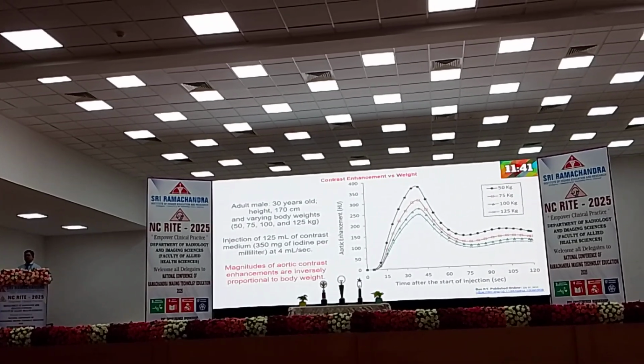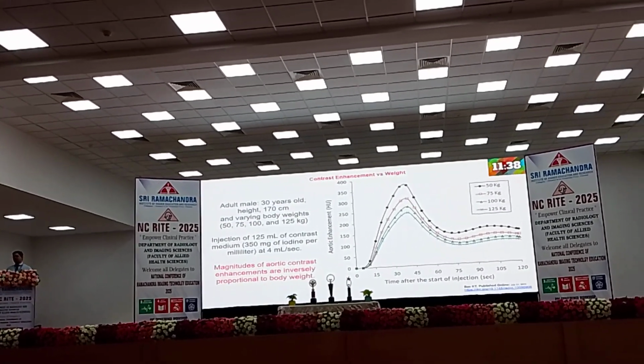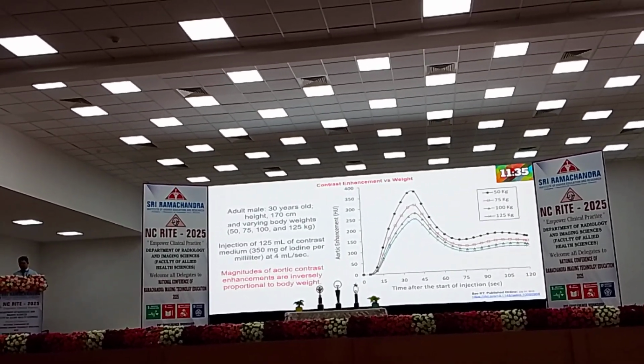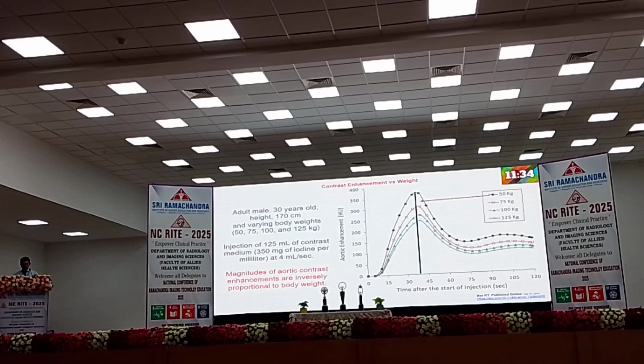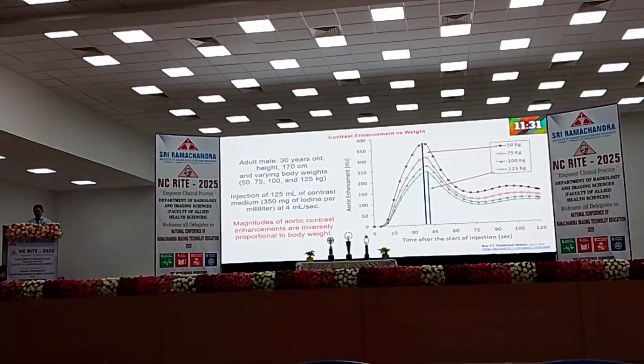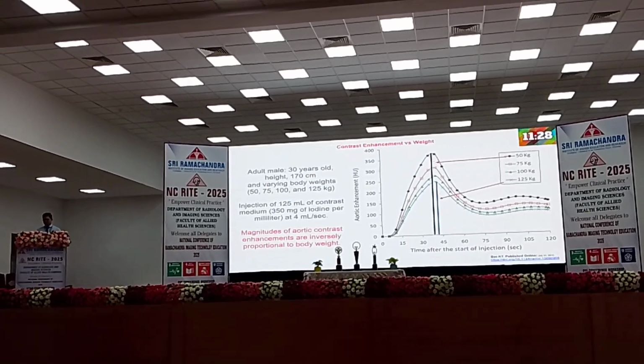You may need to inject additional contrast. So according to the weight of the patient, you have to give the contrast, right? That is what is shown here, the difference between the 50 kilo patient and the 125 kilo patient.